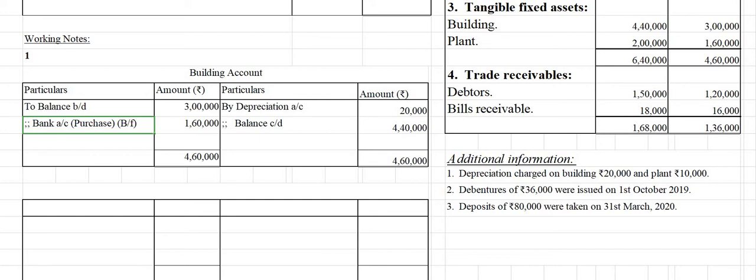This asset purchase, you know, it is the money spent for buying an asset. That means money spent for investing in assets. So that bank will come in investing activity. Purchase of building will be taken in the investing activity. Depreciation will be taken in the operating activity, cash flow from operations.